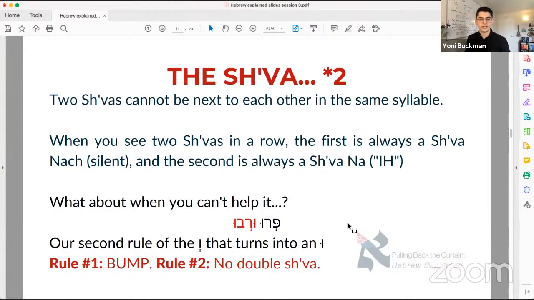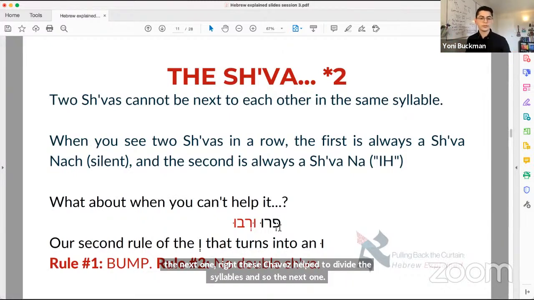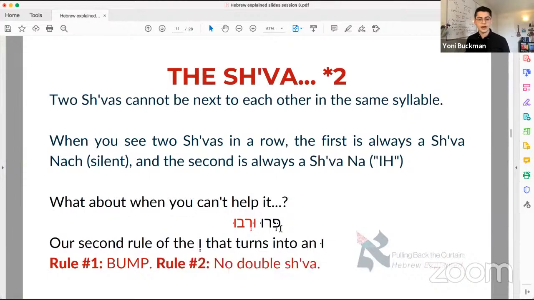Okay, so I want to take this as an example. We all know this is, people say, the first commandment: to be fruitful and multiply. Peru urvu. The first one is a shva na. This makes a sound.